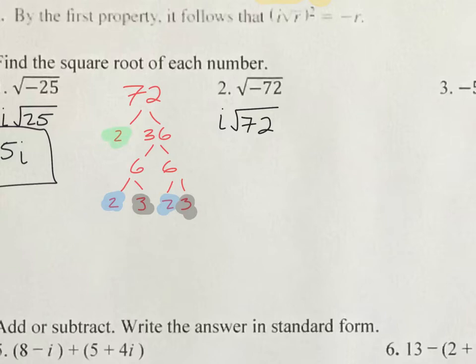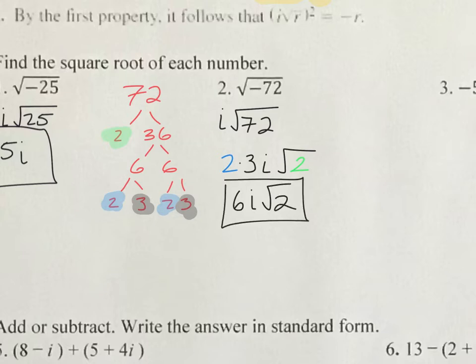So the way that's going to look in the end is we have a 2, then our 3, and then of course the 2 that was left behind has to go back inside. Now we're going to simplify it more. 2 times 3 is 6, and then we'll have 6i square root of 2. And that would be our answer.